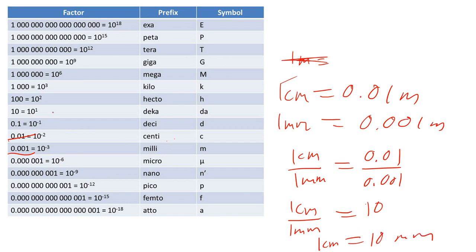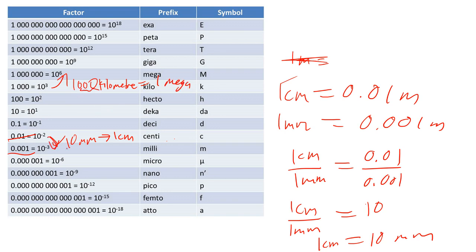Alternatively, you can just look at this table. Since centimeter goes down to millimeters, you know that 10 millimeters go to make 1 centimeter. Now when you look at this table, if it's a jump of 3, then it's not just 10, it would be 1,000. For example, 1,000 kilometers makes 1 megameter, because there's 3 zeros.